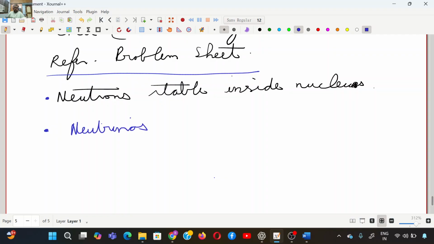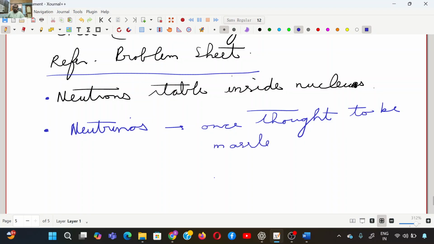They are chargeless, that is true, but related to mass, it was once thought to be massless. Of late, it is shown that it has a very tiny mass, like 1/1000th of the mass of an electron.